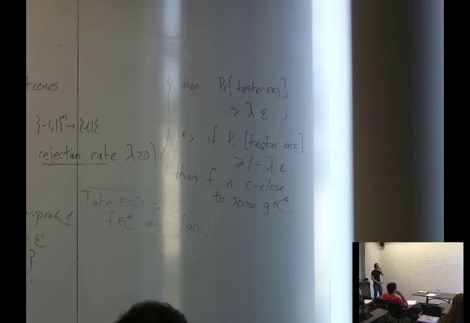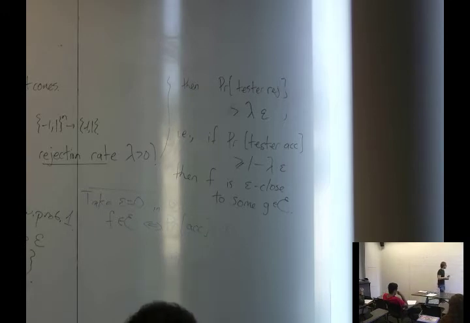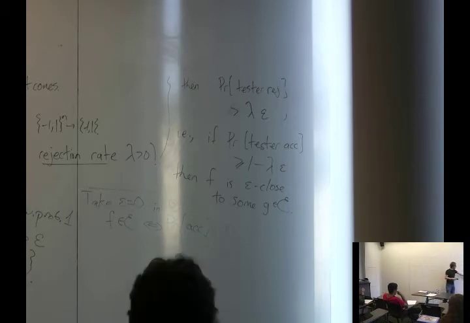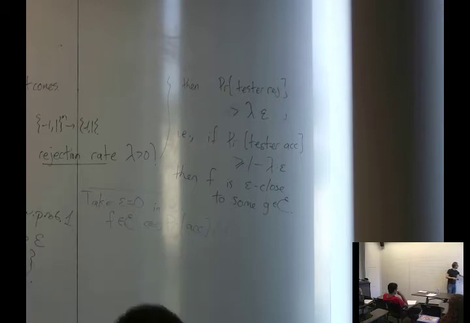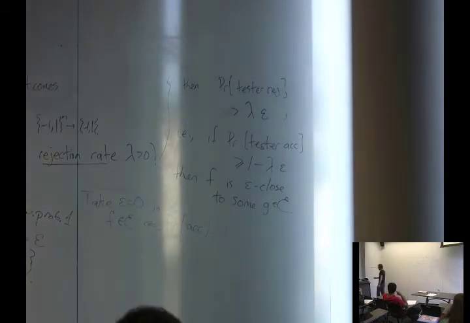The more usual model in property testing is that you think of having a parameter epsilon given to the algorithm. And if the distance of a function from the class is bigger than epsilon, it should reject with probability half or something. That just makes the definition robust.